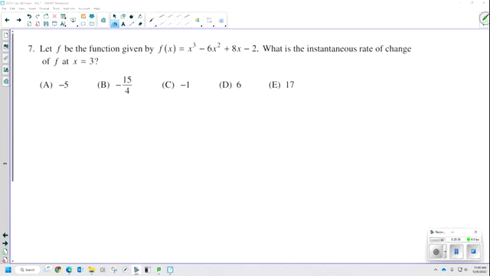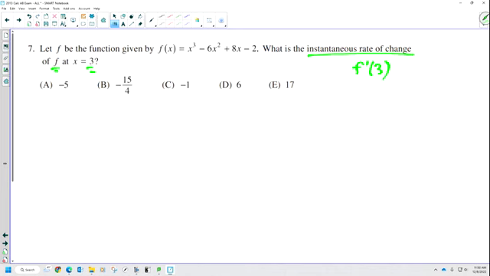All right, number 7, we're hitting that home stretch here. Let f be the function given by f of x equals x cubed minus 6x squared plus 8x minus 2. What is the instantaneous rate of change of f at x equals 3? This just means the derivative of f at x equals 3.